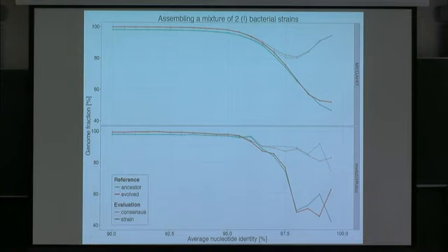Let me first explain what happens. As the strains become more similar to each other, the assembly begins to break even more, and then at one point the strains are so similar to each other they get merged into one consensus. This happens around here, I'd say 99.5%.